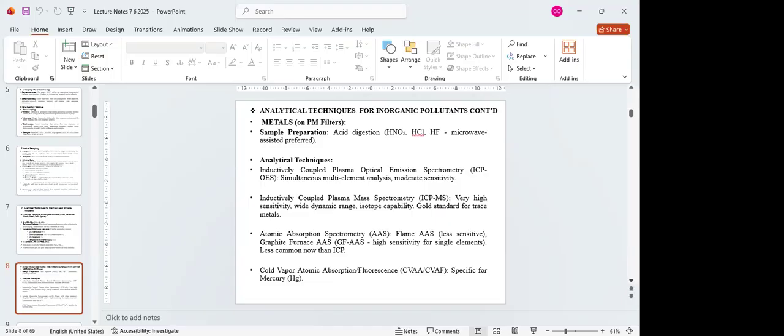So what do we do? We carry out acid digestion. And in carrying out acid digestion, we have different kinds of digesting fluids, one of which you must have heard about. This is aqua regia. Aqua regia is a combination of HCl and HNO3 in the ratio of 1:3.